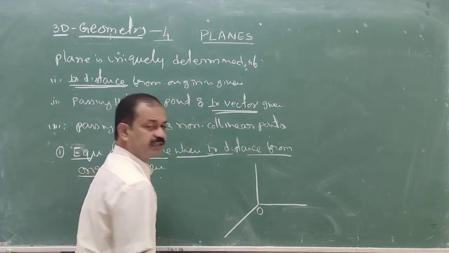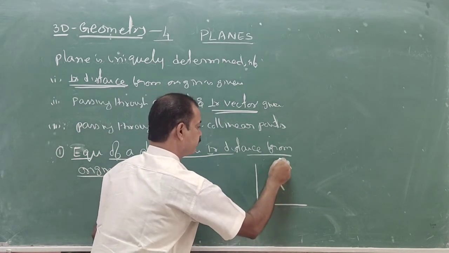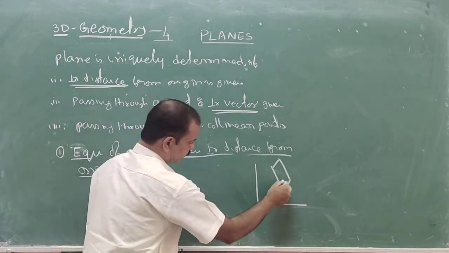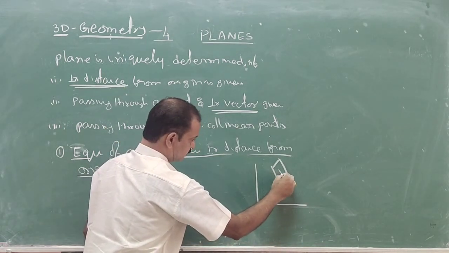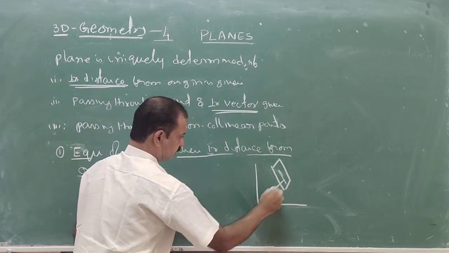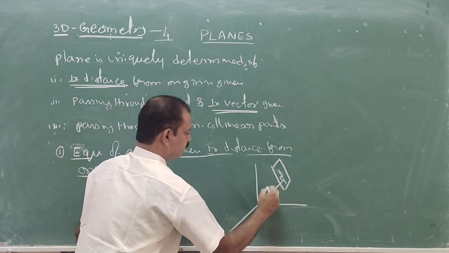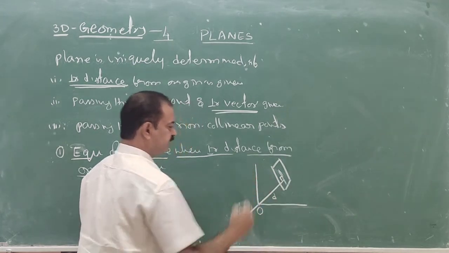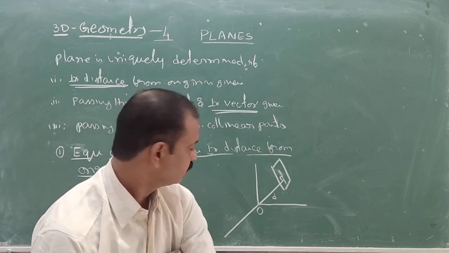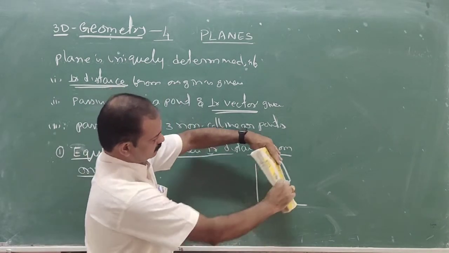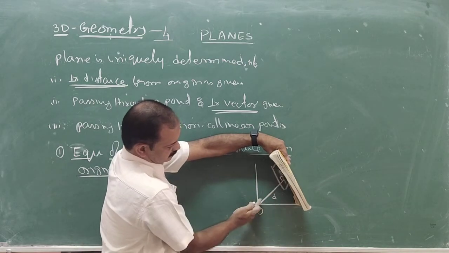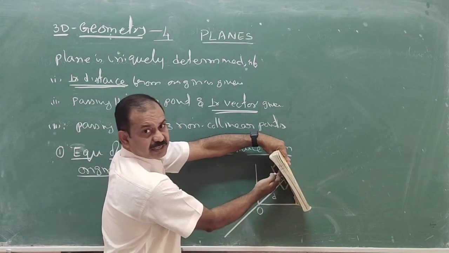This is the origin and you have a plane and a perpendicular distance. So the perpendicular distance d is given. Now see how it is. It is the origin, so the plane is like this. Now the perpendicular distance from the origin to the plane is given.